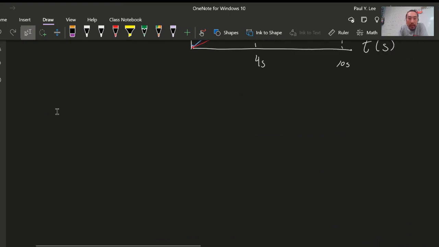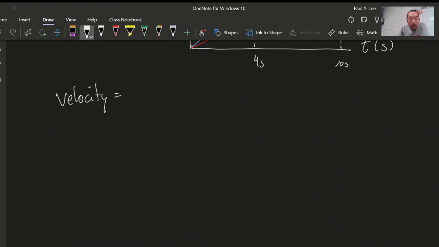So velocity and displacement are just like speed and distance, except for one huge difference. Velocity is speed with direction. Okay, so we know that speed is what we call a scalar, and a scalar is anything that's just a magnitude.